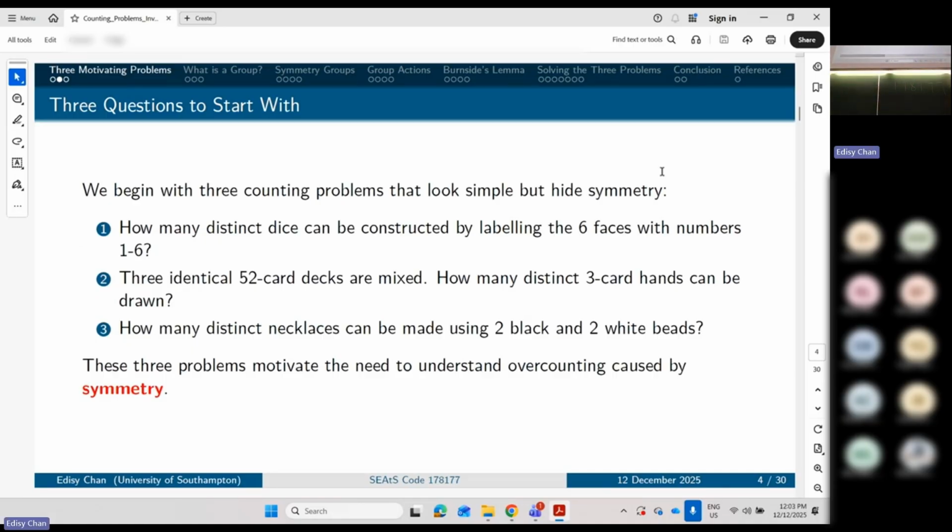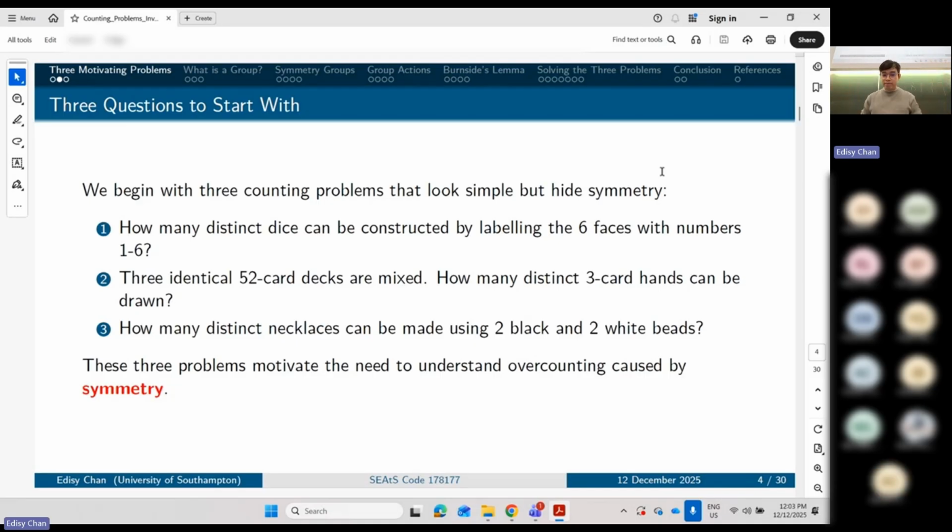The first one: we are going to find how many distinct dice there are, constructed by labeling 6 numbers on those 6 faces. You know what a die is, right? We have 6 numbers, and we can put the numbers on it and form a die. But how many distinct dice are there? That's the problem.